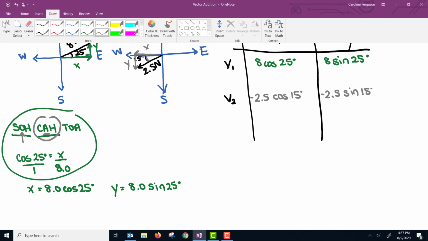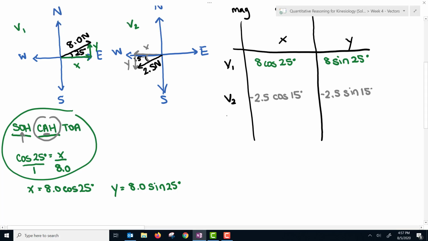So now we know each of our components for v1 and v2. The question is asking us to add them together, v1 plus v2. So adding them together literally means you're going to add the two x components together and then the two y components together.